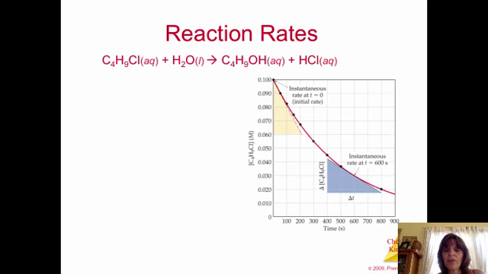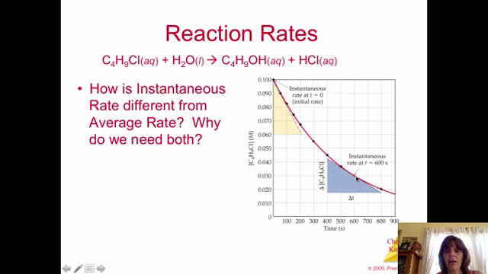All right, here's the graph over several intervals of time. You've got the calculated rates of reactions at every 100 seconds in this particular graph. So those rates that we calculated would be averages because we do them over a certain time interval.